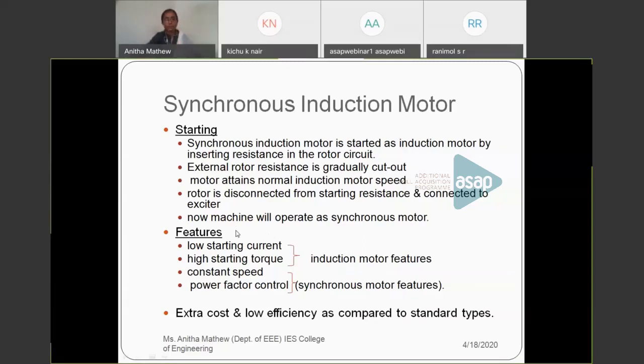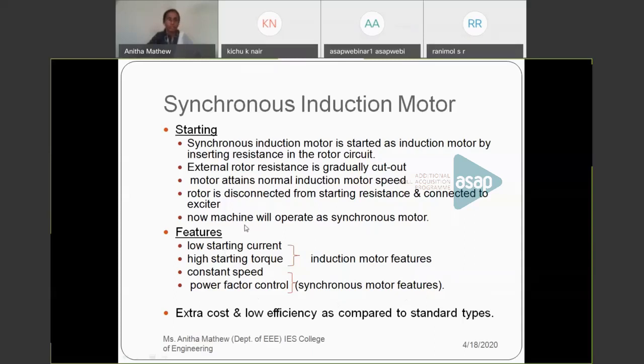It comprises the features of both the motors, induction motor and synchronous motor. The first two features, and high starting torque, are the features of induction motors. Then constant speed and power factor control are the features of synchronous motor.